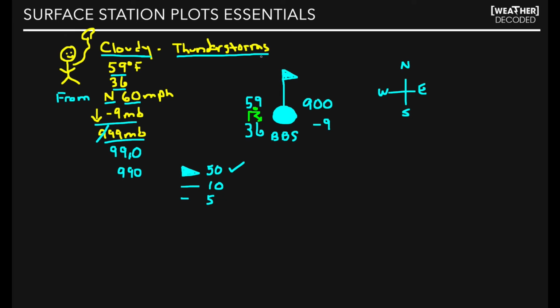The flag is going to point as if it was going around the clock in a clockwise direction. So we got that. And then we still got 10 left over, because we got 60 miles per hour. So 50 plus 10, hey, that's 60 miles per hour. So all we need is one of those big ticks right there. And there you go. There is Bob's backyard station plot.